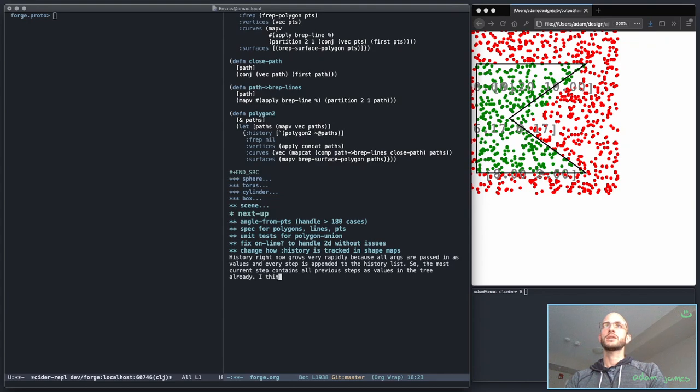I think instead I can just overwrite the history key with the current function and its args as values.